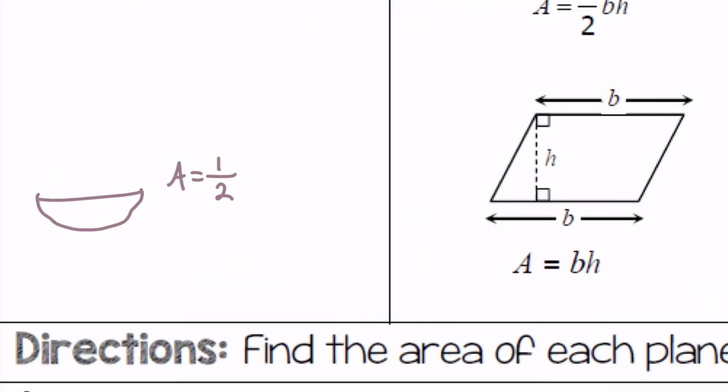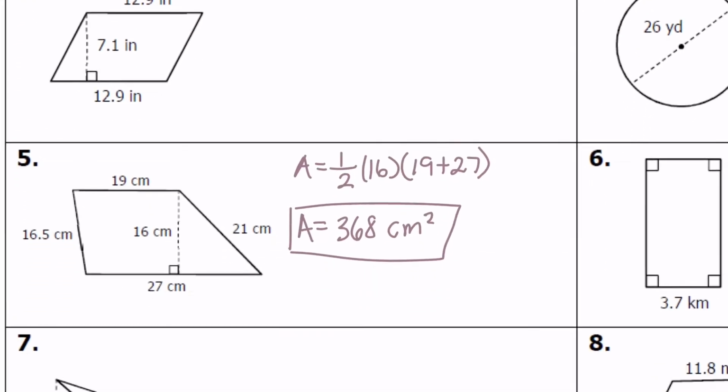So 1/2 pi r squared. See if I can draw that a little better. Whatever, good enough. Okay, so that's the formula for the area of a half circle.